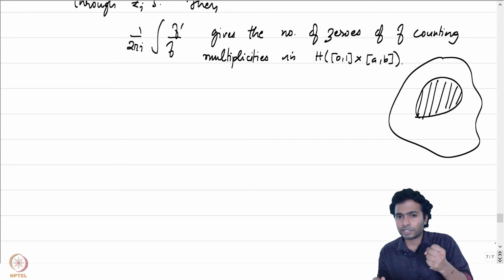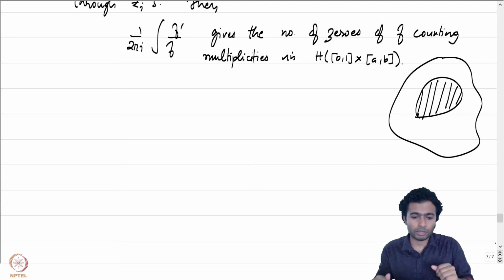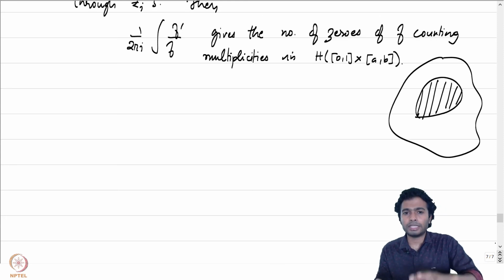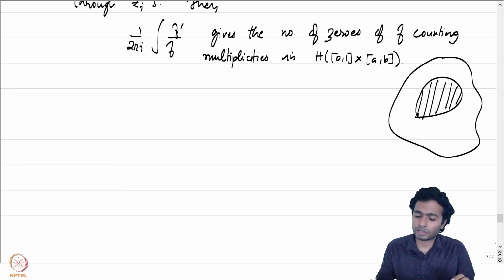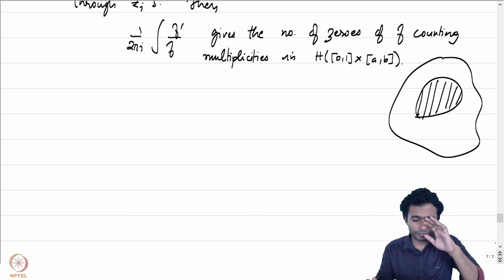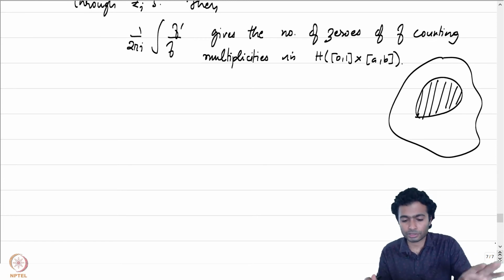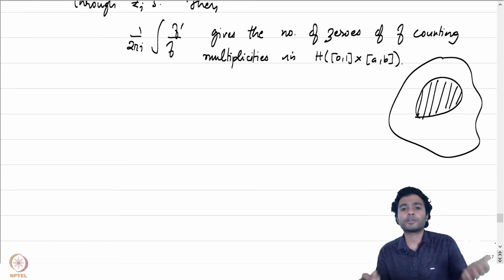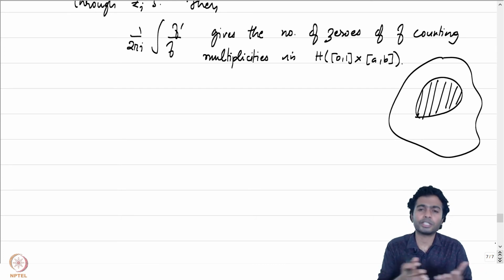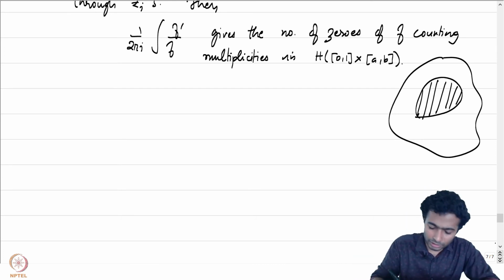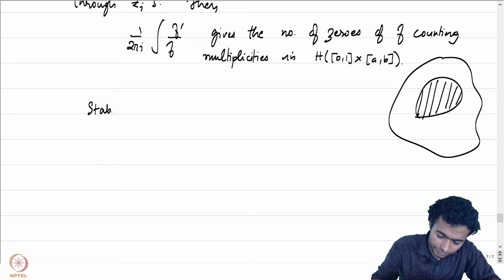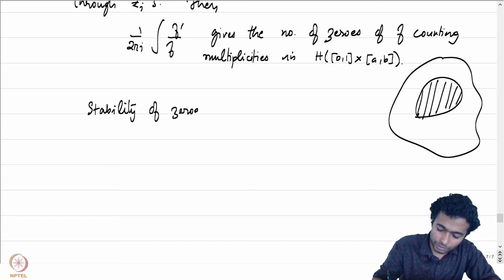If we perturb our holomorphic functions a bit, I will tell exactly what that means, then the difference of the zeros and the poles will not change. So, if you are focusing just on holomorphic functions and not bothering about meromorphic functions, the number of zeros will not change if you change the function a bit. So, that is the next observation, which is going to be about the stability of the zeros.